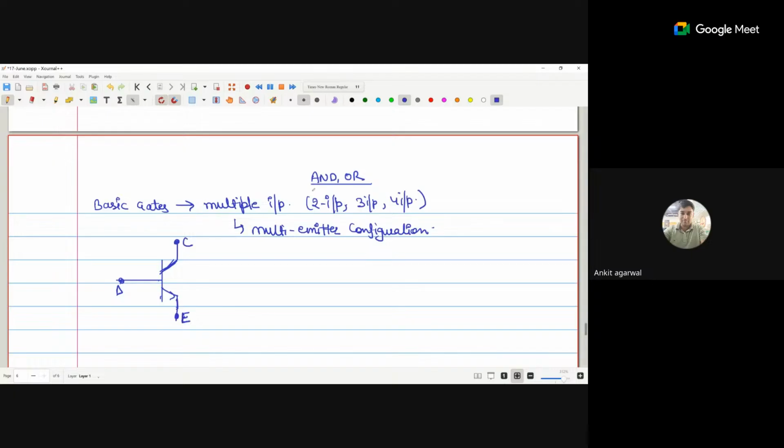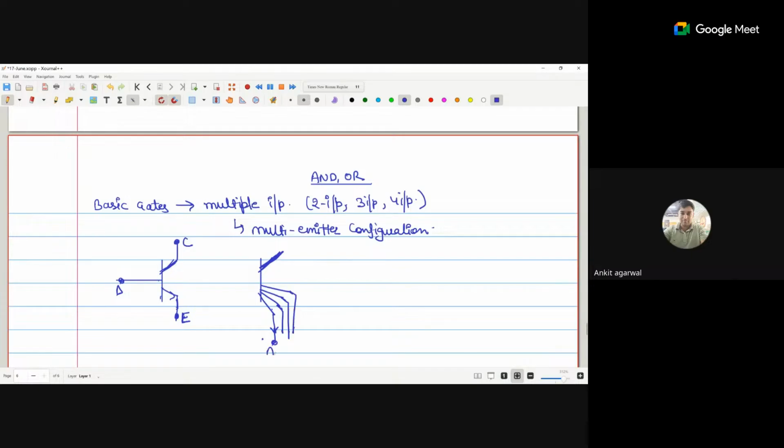This is a single emitter configuration. Similarly, we can create a multi-emitter: E1, E2, E3, E4.